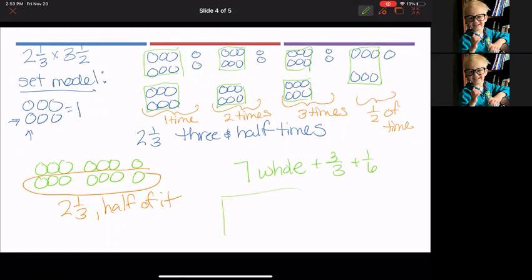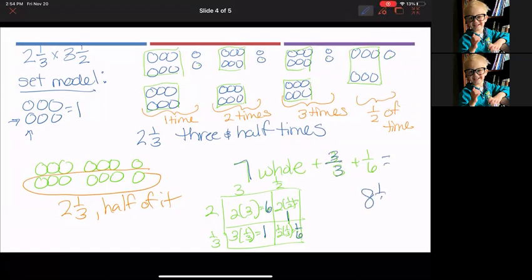We can connect that to our 3 1/2 and our 2 1/3. 2 times 3 is 6. 2 times 1/2 is our 1. 3 times 1/3 is a whole, and then 1/2 times 1/3 is our 1/6. So we have 6, 7, 8, and a 6th. We have 7 wholes plus another whole equals 8 and a 6th.